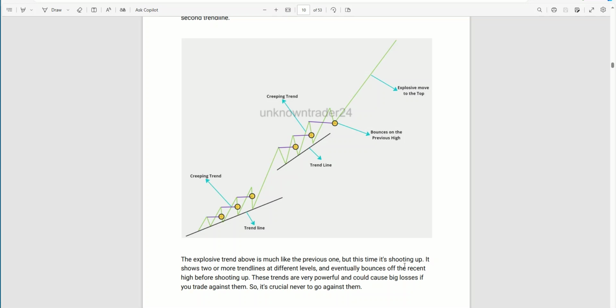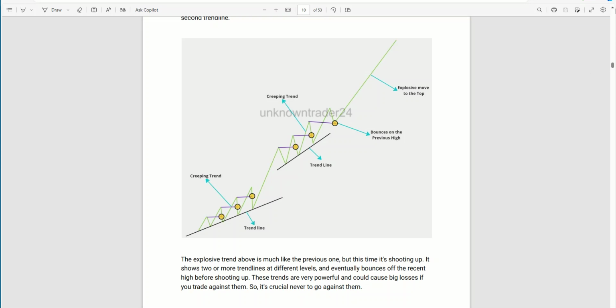It shows 2 or more trend lines at different levels, and eventually bounces off the recent high before shooting up. These trends are very powerful and could cause big losses if you trade against them. So it is crucial never to go against them.